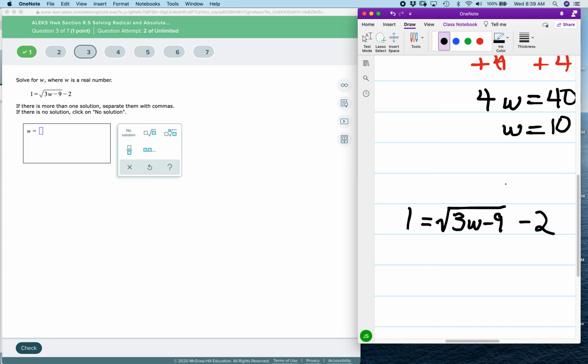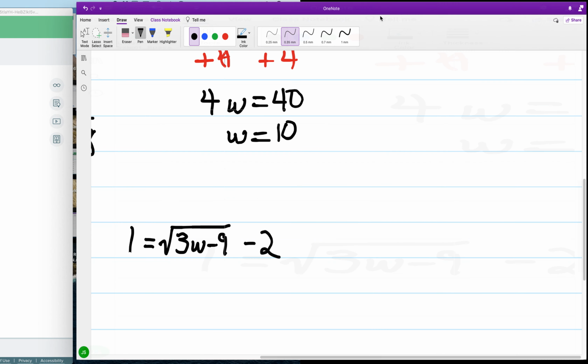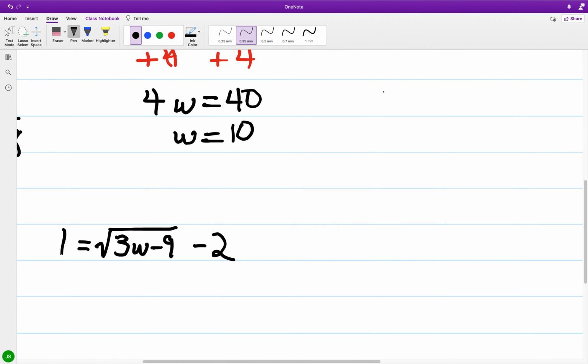Now, in the case of solving for the variable, we have a radical equation, with w up here once again, in the form 1 is equal to the square root of 3w minus 9, minus 2.